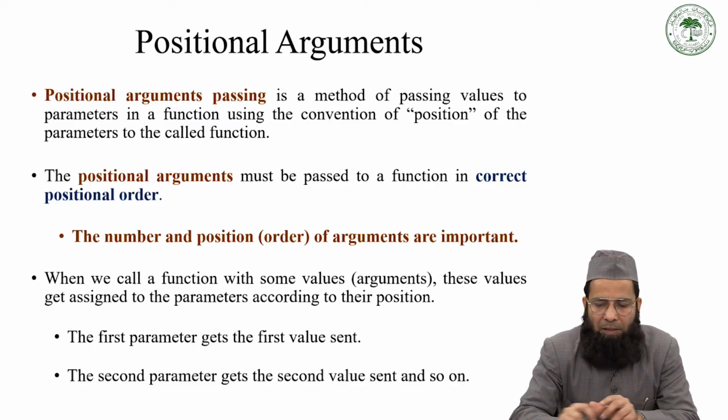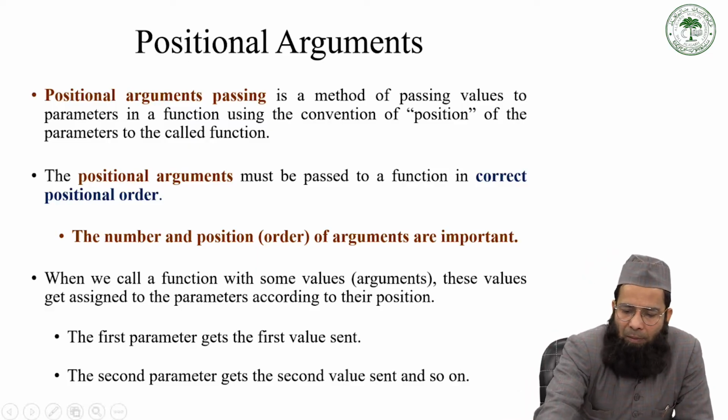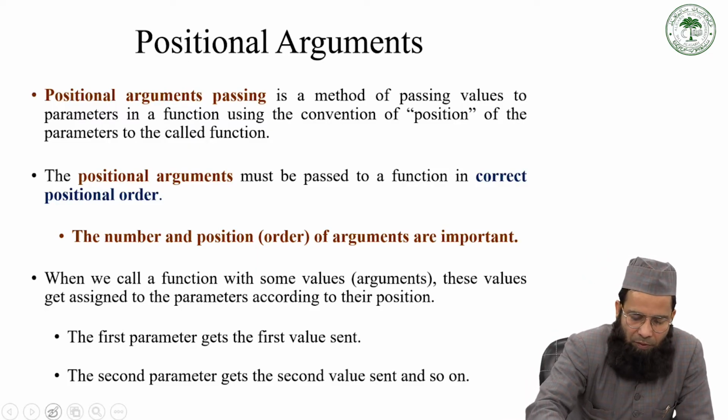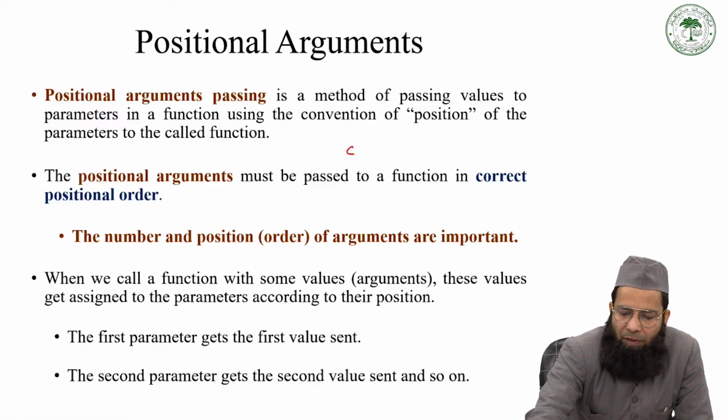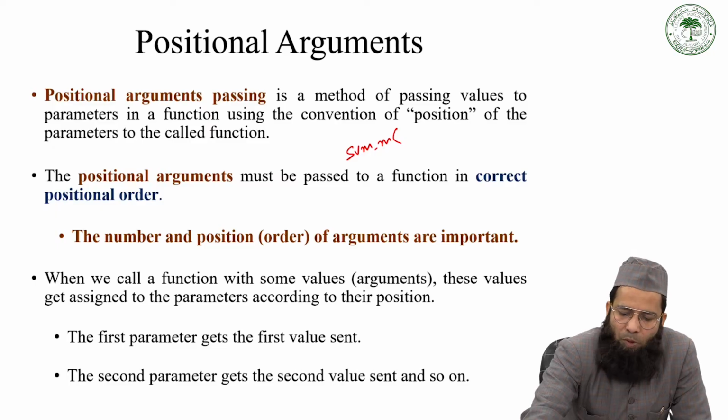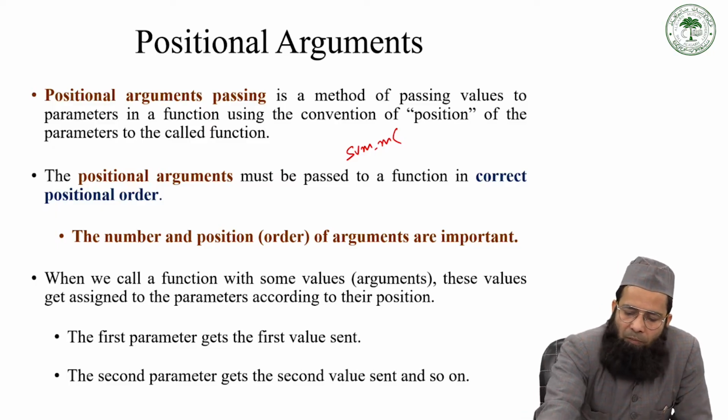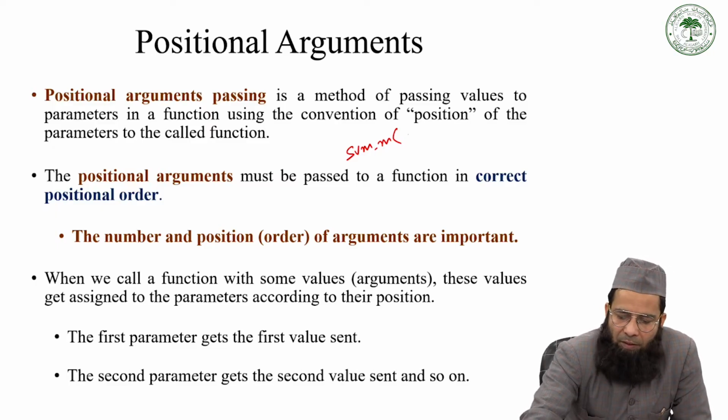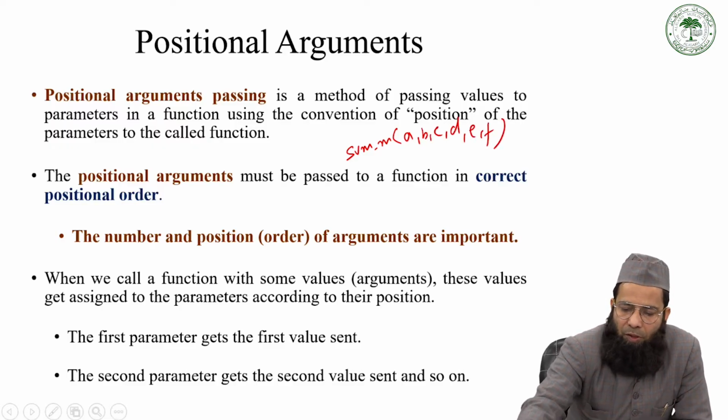So, let us say I have designed a function, suppose sum_m, and it is supposed to sum 5 different values. Let us say a, b, c, d, e, f. So, this is the function call.